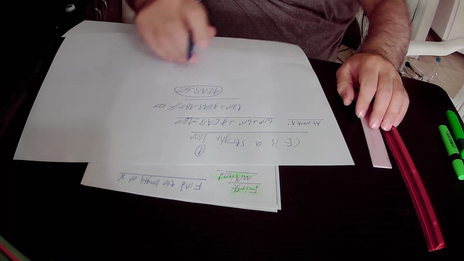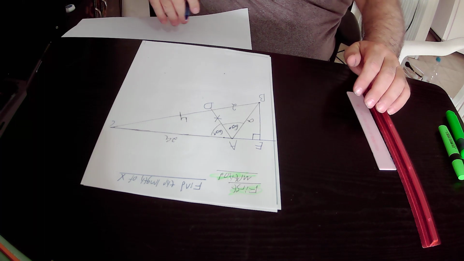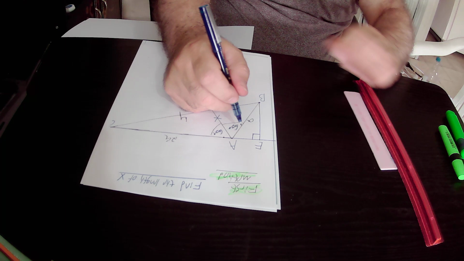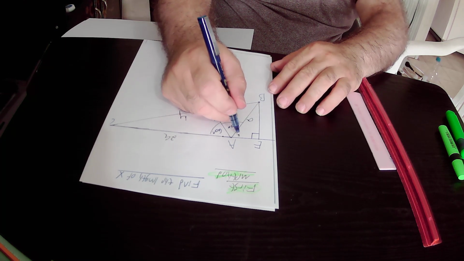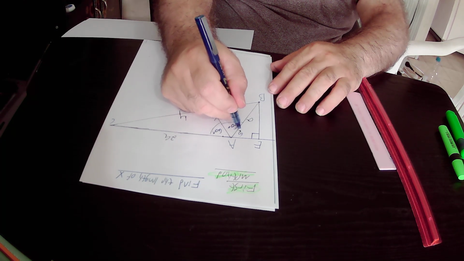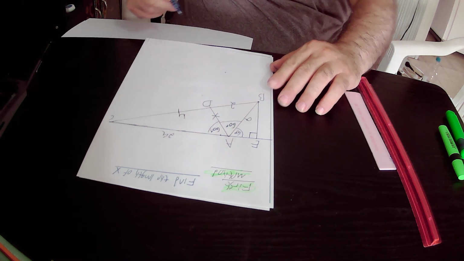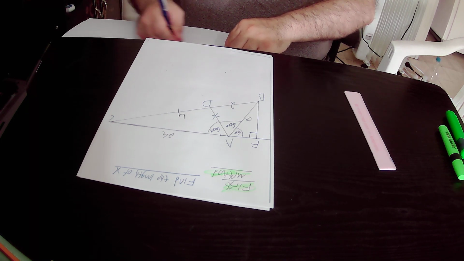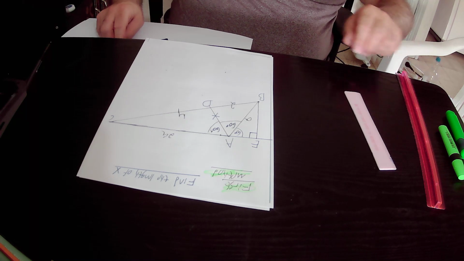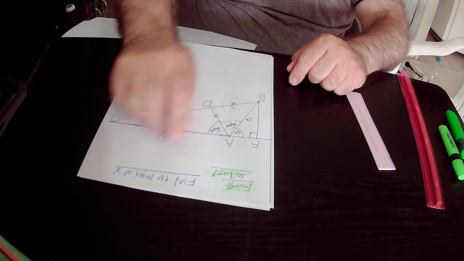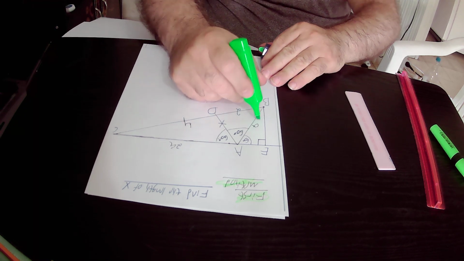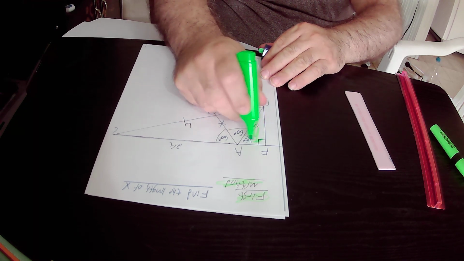equals 60 degrees. Okay, this angle, angle EAB, equals 60 degrees. In the next step, we'll focus on triangle EAB, the green right triangle, triangle EAB.